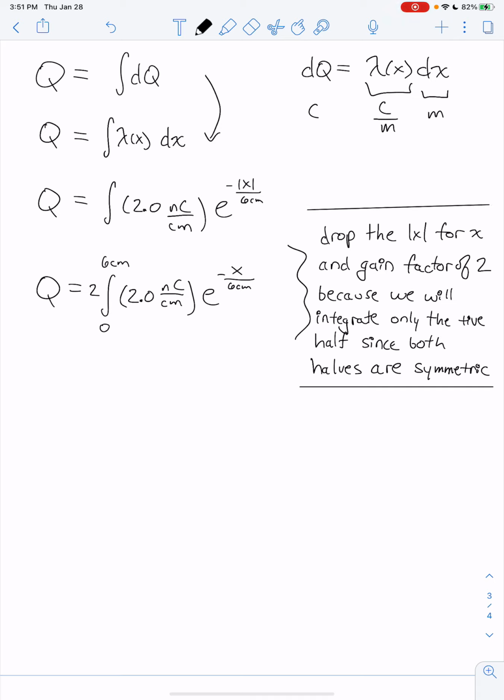That's our little note for that step, because that's important.